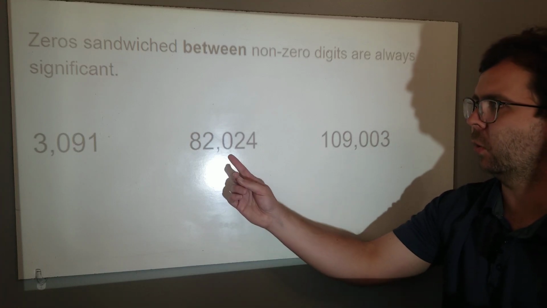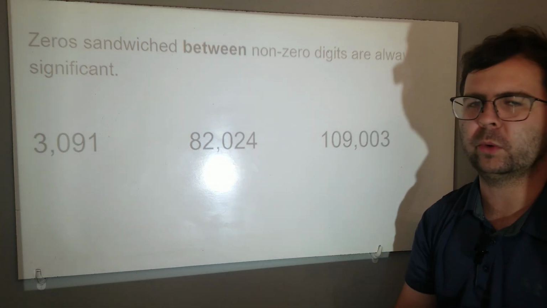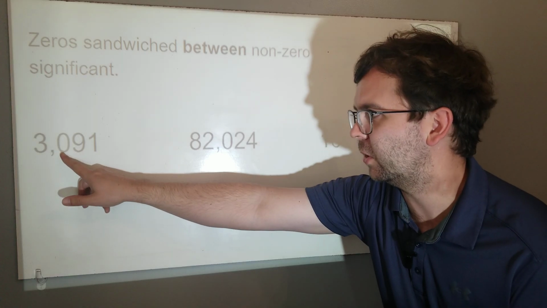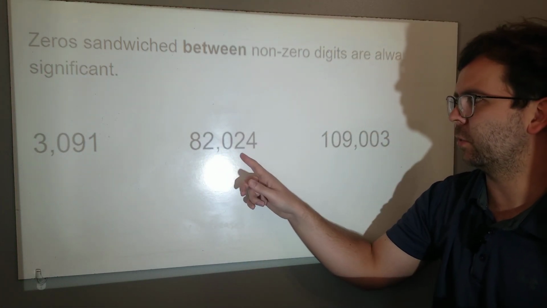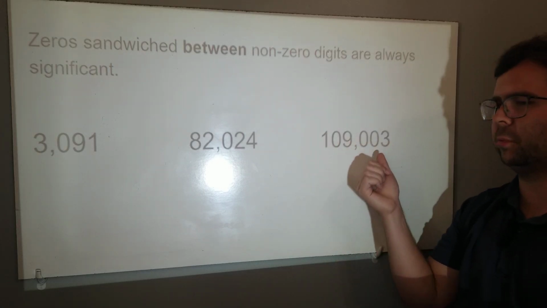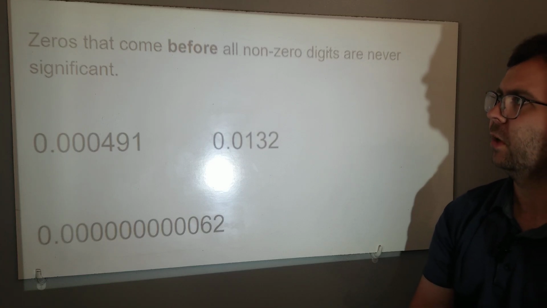So if you have a 0 in the middle of 2 non-zero numbers, that 0 is always significant. This 0, since it's sandwiched between non-zero numbers, is significant. These zeros, all of them, are sandwiched between non-zero numbers, so they are significant. Some other examples of this.